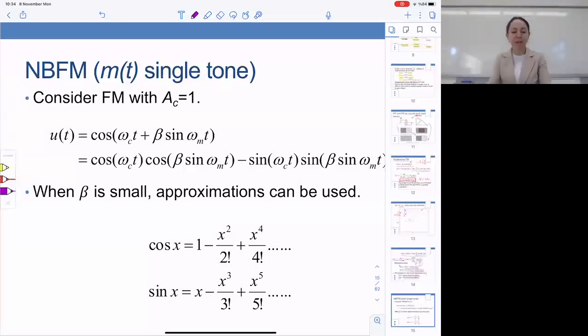Now, let's begin by analyzing narrowband FM when the message signal m(t) is a single tone. For simplicity, suppose that the carrier amplitude is unity.